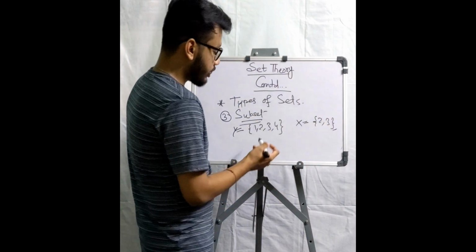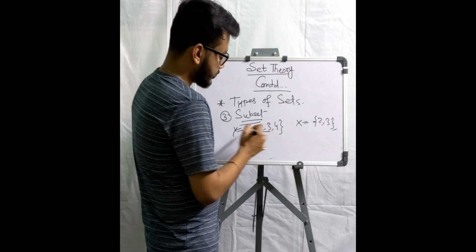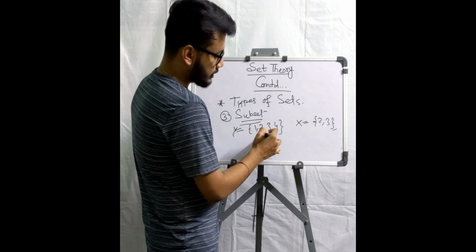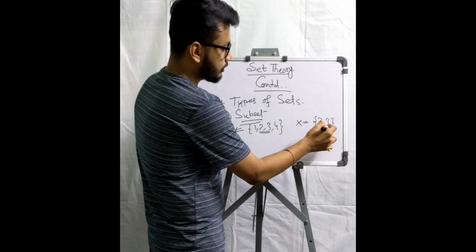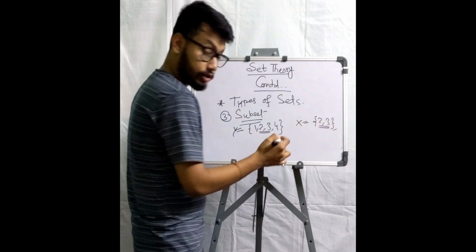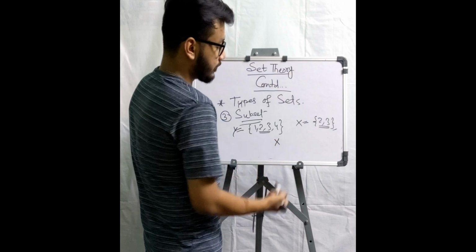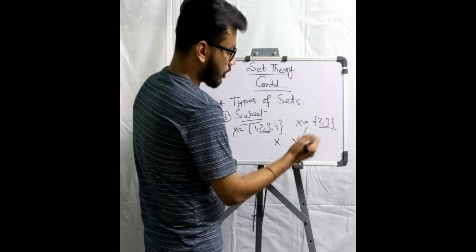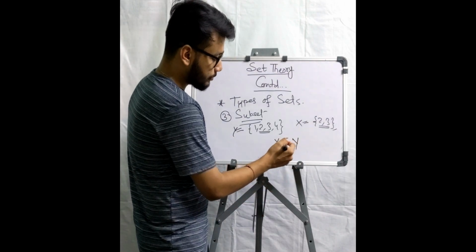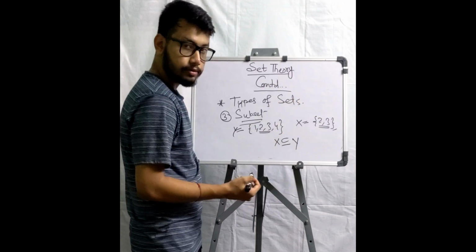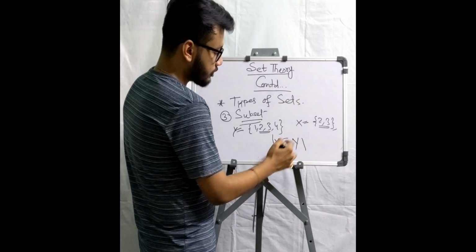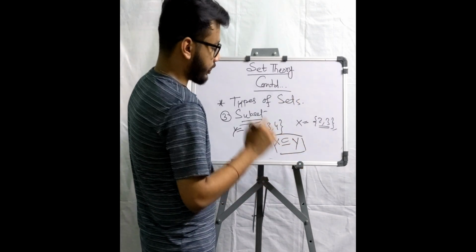Now just try to understand: 2 and 3 are present in set Y, because we can see 2 and 3 here, and 2 and 3 are present in set X. So we can say that set X is a subset of set Y. Now, how do you represent a subset? We represent it this way. This is read as X is a subset of Y.